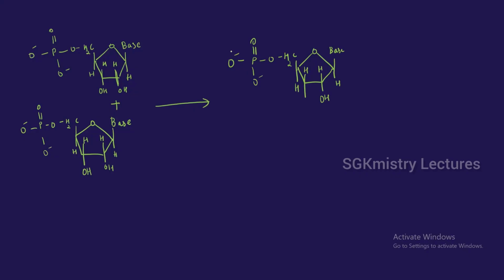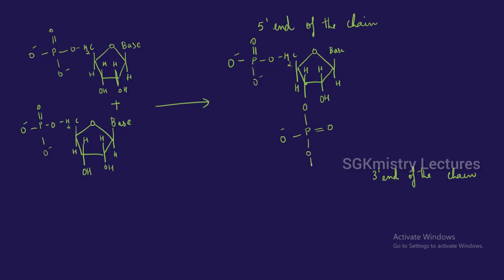Now you have to remember that this is the 5' end of the chain and the other end will be the 3' end of the chain. Now in this case I'm just showing how a dinucleotide is formed. From this carbon, the bond is formed with the next phosphate group.